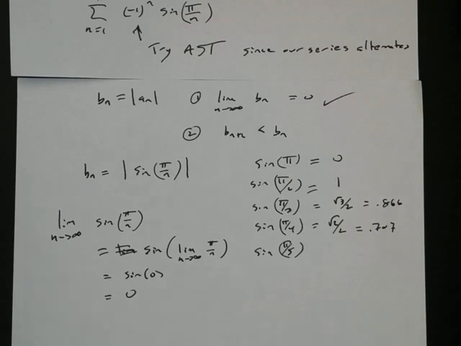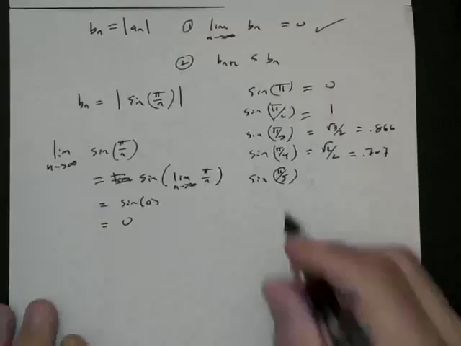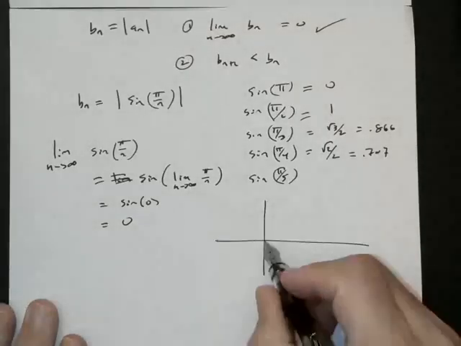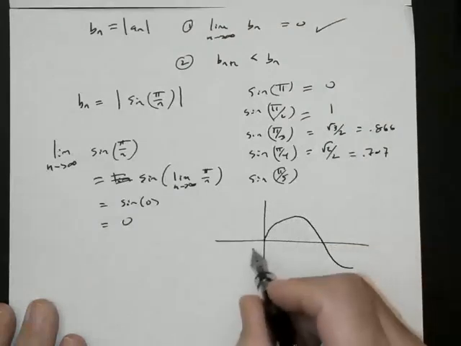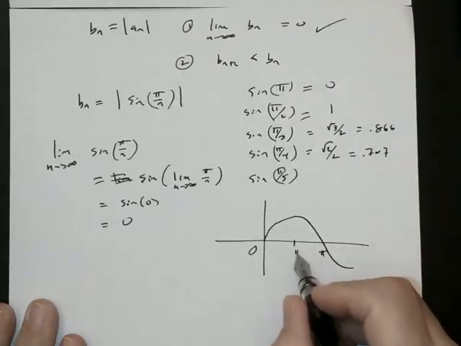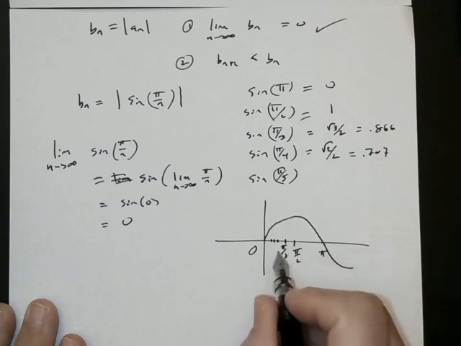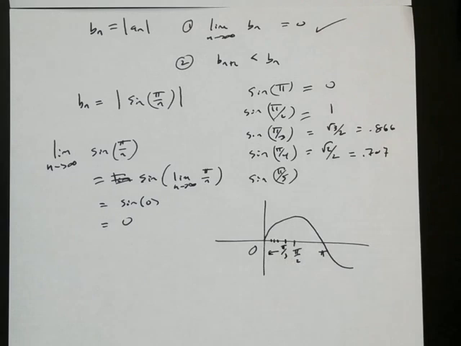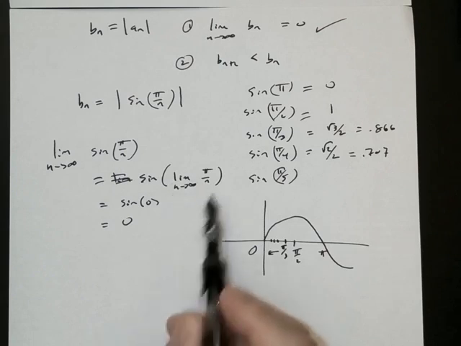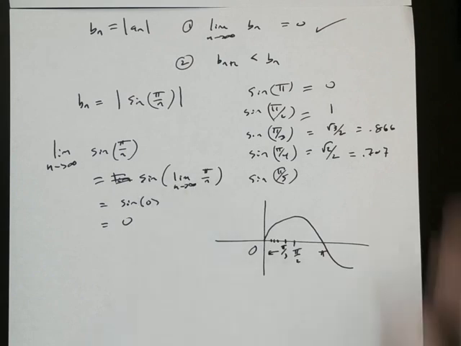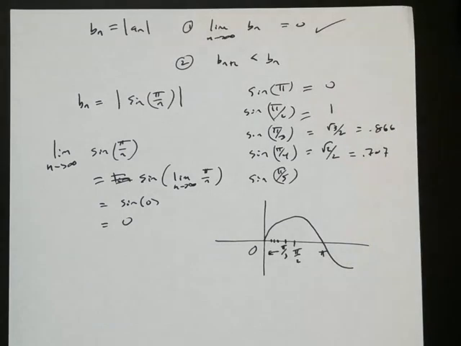There are two different ways to know this is decreasing. One is to think about the graph of sine of x. We're going that way. As n gets bigger, we're going towards 0. Right? Where is sine of x?